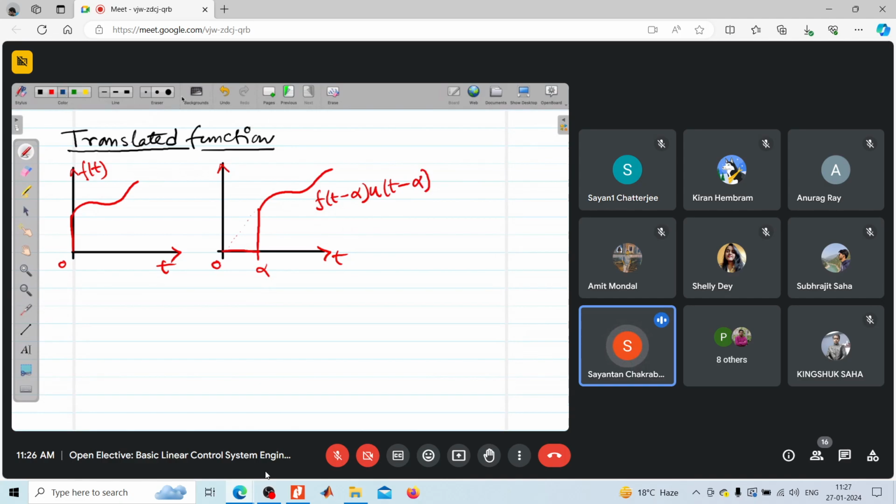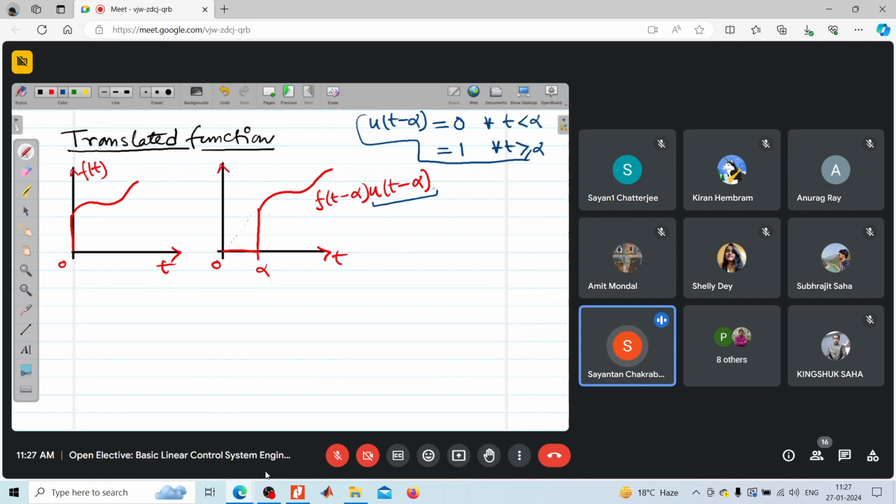Because by definition, u of t minus alpha, this u is the unit step function, is 0 for all t less than alpha, equal to 1 for all t greater than or equal to alpha. That's why even if f of t minus alpha may have some value before or in between 0 to alpha, it will be completely suppressed while multiplying by this function. So this is how you can translate a signal from f(t) to f of t minus alpha.